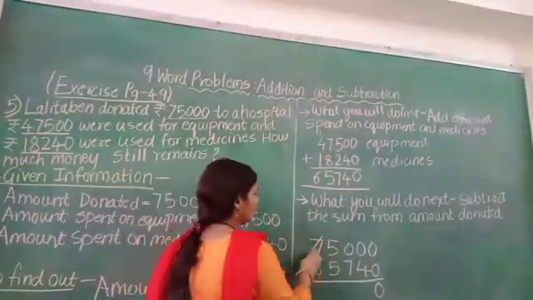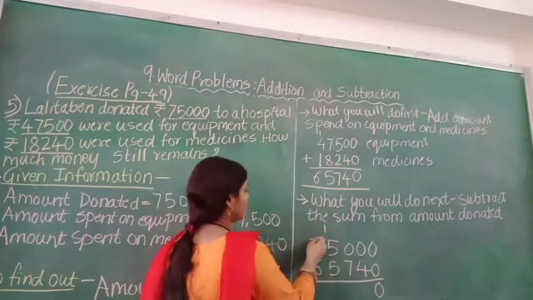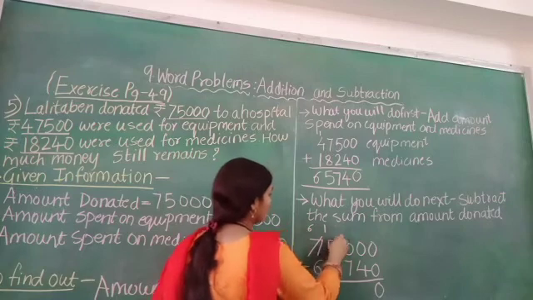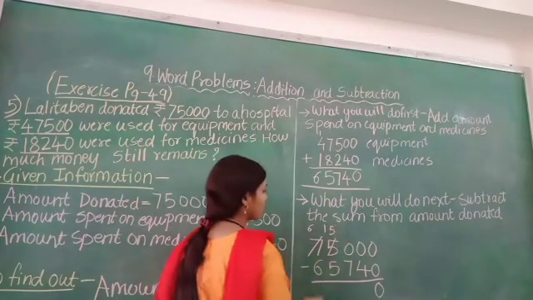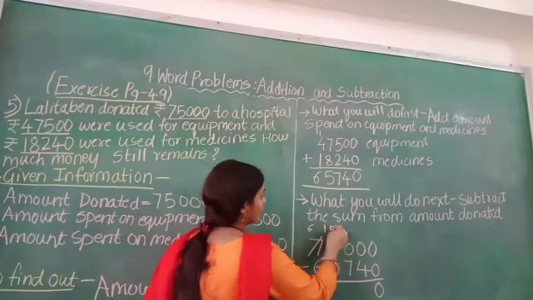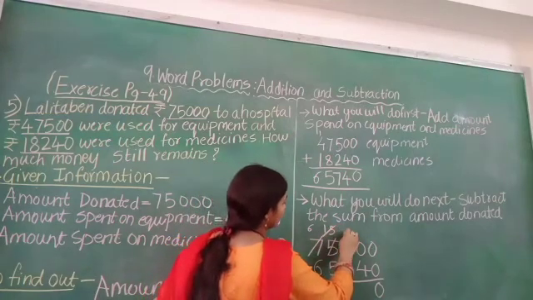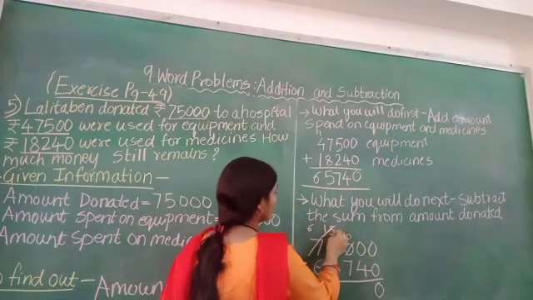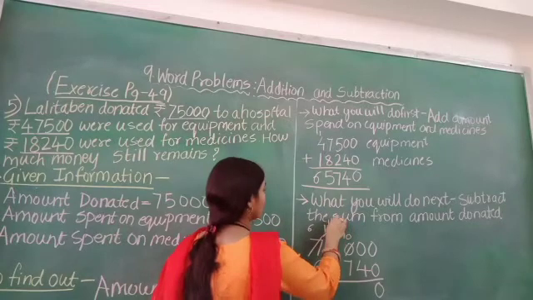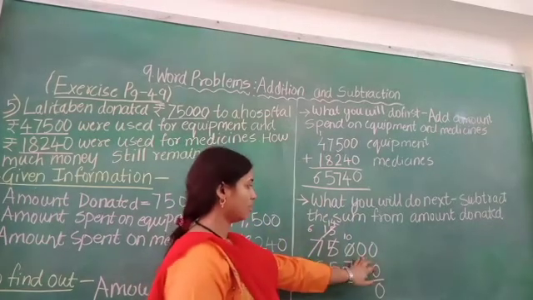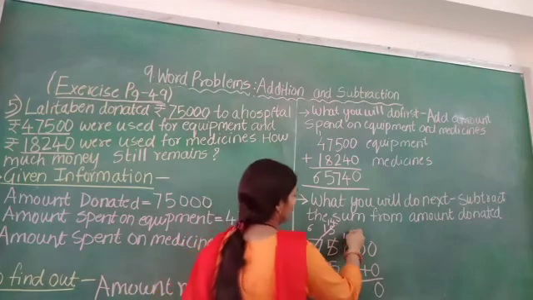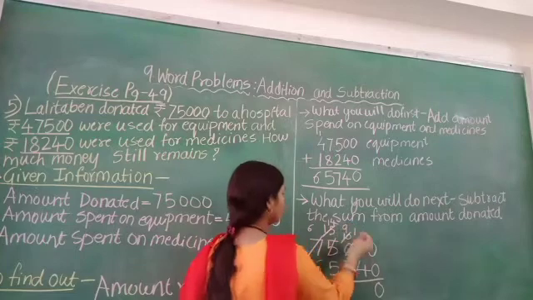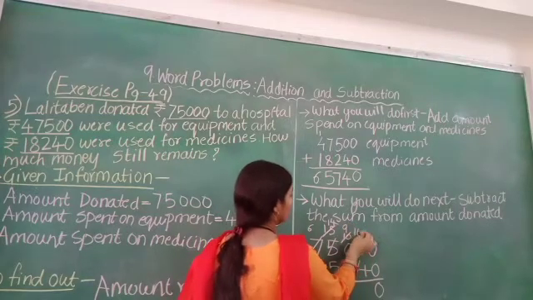So 1/10 from 7, what will remain here is 6 and 5 from unit. Now again 1/10 from 5 and 0 from unit. What will remain here in place of 15? 14 will remain here. Now again here we have to carry over, so we will take 1/10 from 10. What will remain here is 9 and 0 from unit.